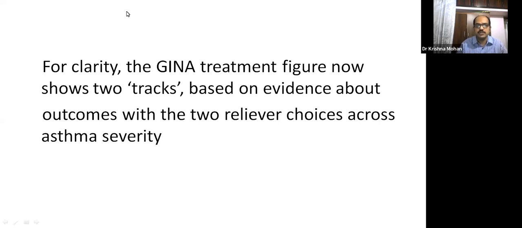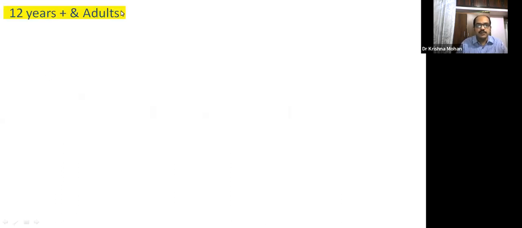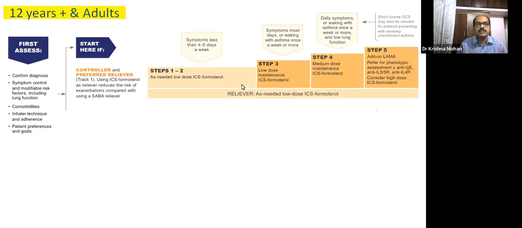So for 12 years and adults, this is track 1. As I already told, track 1 and track 2 are based upon which reliever you are using, not on the basis of the controller.